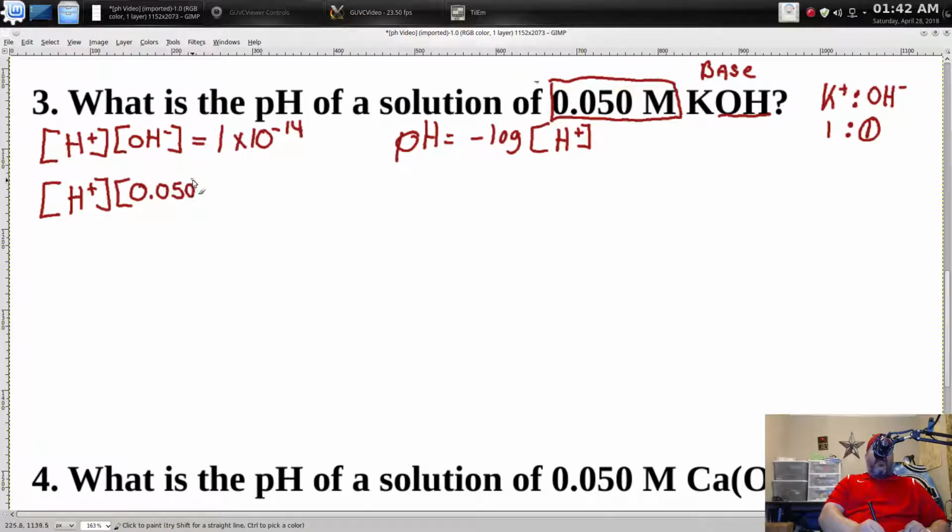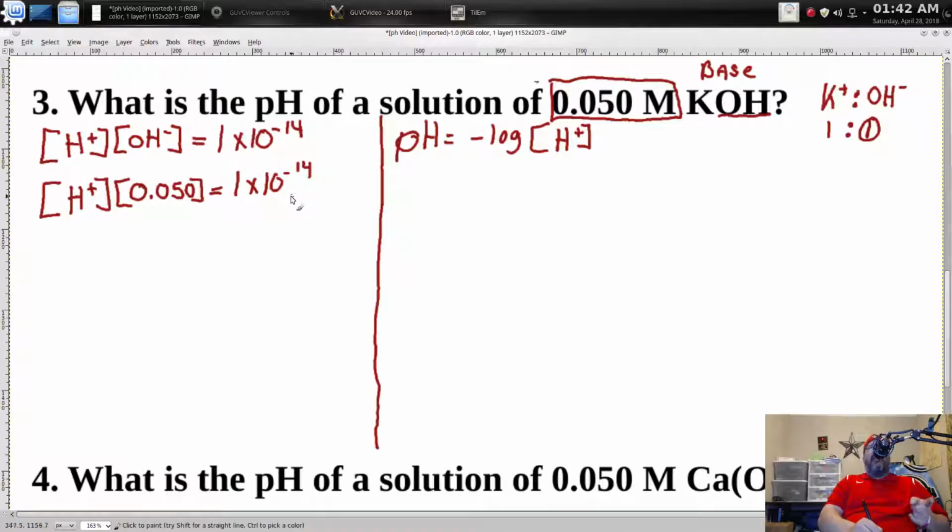Now, if you remember, I only have one hydroxide. Since I only have one here, I don't have to worry about using a multiplier. I'm going to go ahead and set this equal to 1 times 10 to the negative 14. Now remember, I'm kind of working on two different sides here. All right, so there's that.